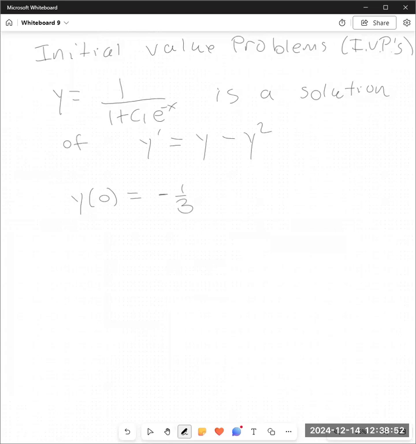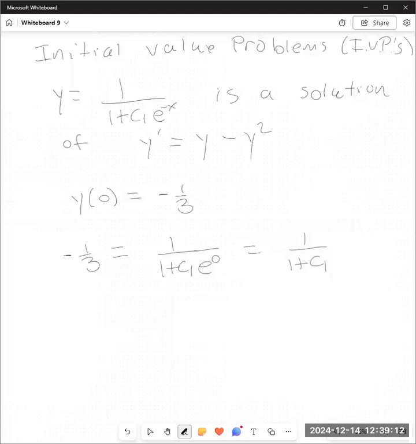So negative 1/3 is going to be equal to 1 over 1 plus c1 e to the negative 0, which is 0. So that equals 1 over 1 plus c1 times 1, which is c1.